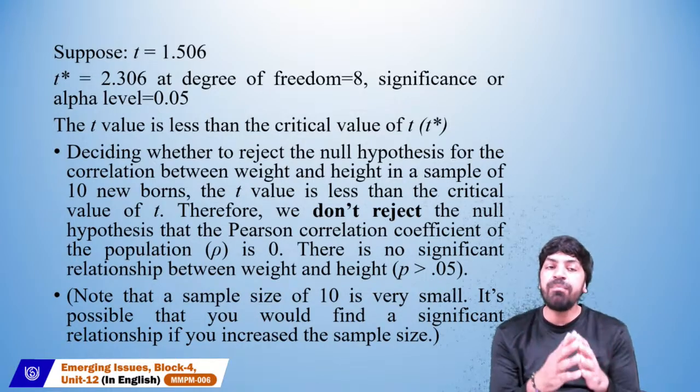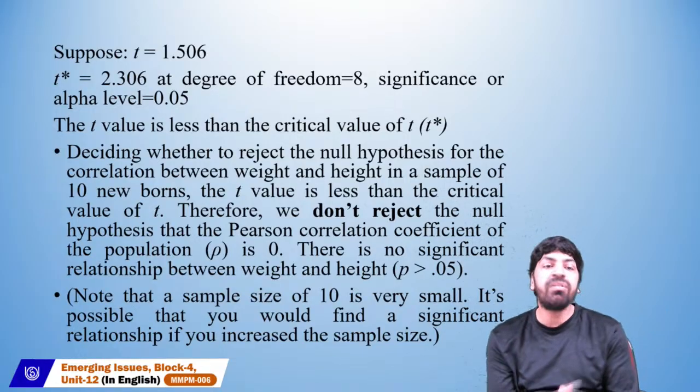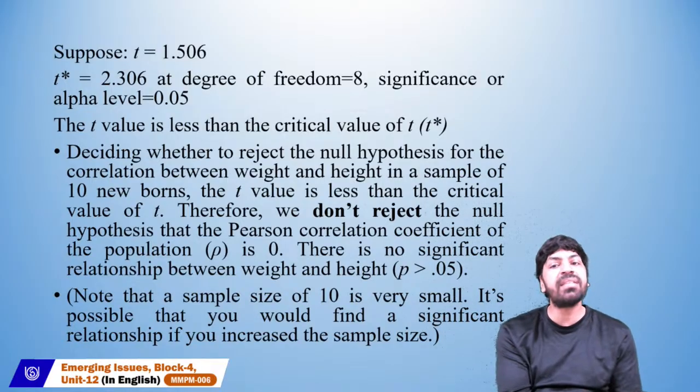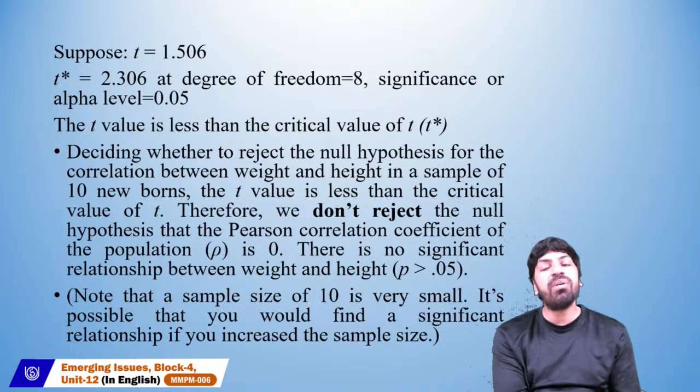When we compare the calculated value and the table value, the t value is less than the critical value, so we do not reject the null hypothesis. That means the Pearson correlation coefficient of the population is 0.